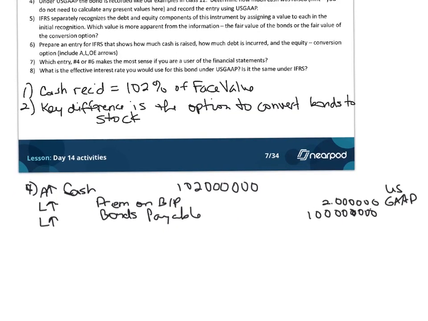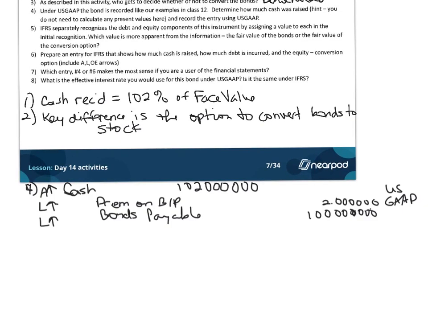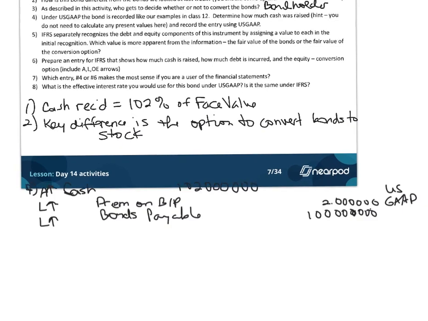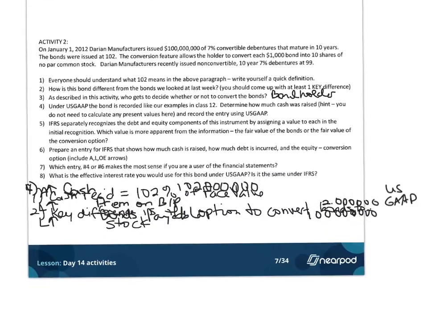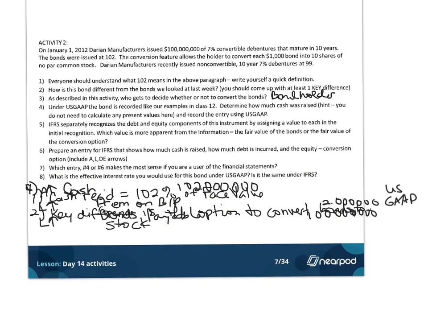Number 5, I ask you which value would be more apparent, because in IFRS, we're going to actually split the debt and equity components out. So we're going to have a value for the bonds, and we're going to have a value for that option, which is an equity option.